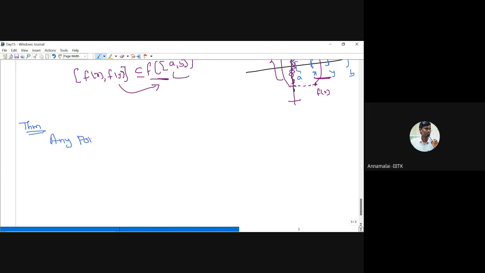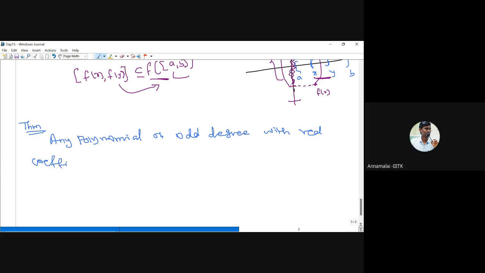Any polynomial of odd degree with real coefficients has a real root, or real zero, because we already know that complex roots always appear in pairs. If z is a root, then z bar is also a root.